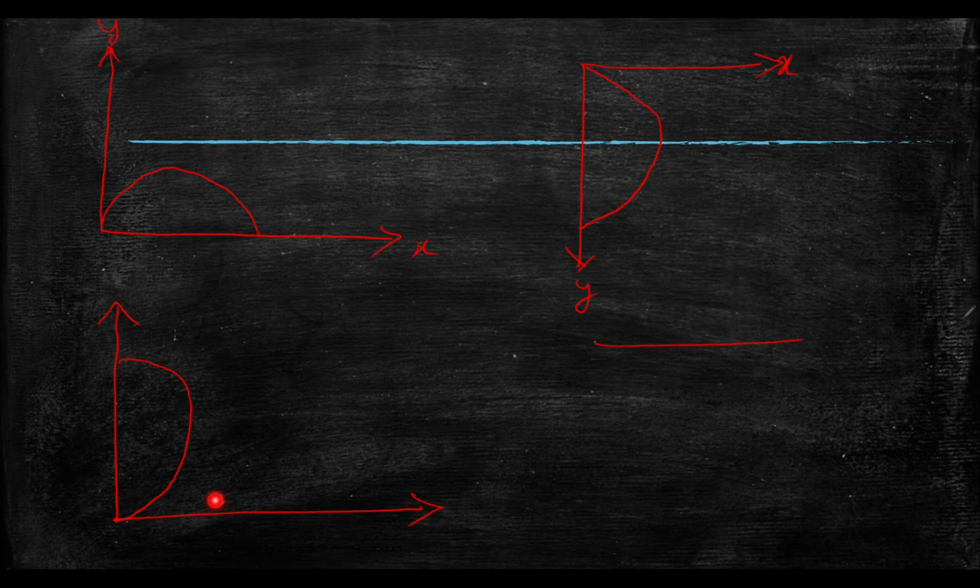We can also have the semicircle like this. Please remember this. This is x direction. This will be the center in this direction. By looking at this only, we don't want any formula for this. So this we can take as r.